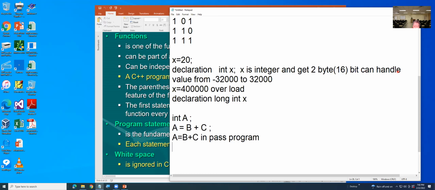However, in C++, white space is ignored. You can type in A, and you don't care how many spaces are in here, and then you say equal B, plus C. Okay, that is fine. It works. So that's a very good feature.